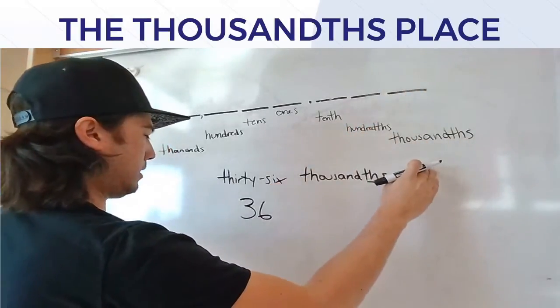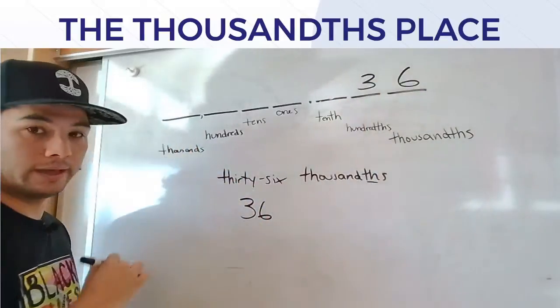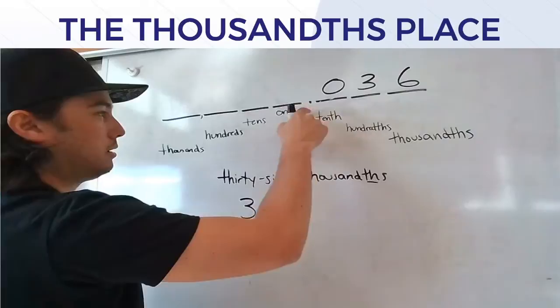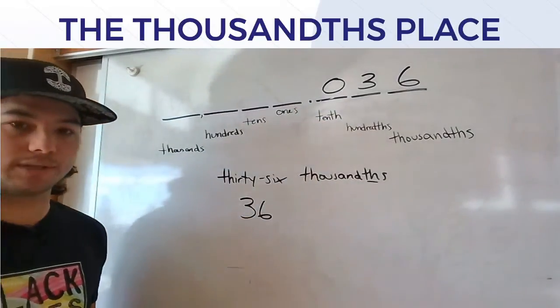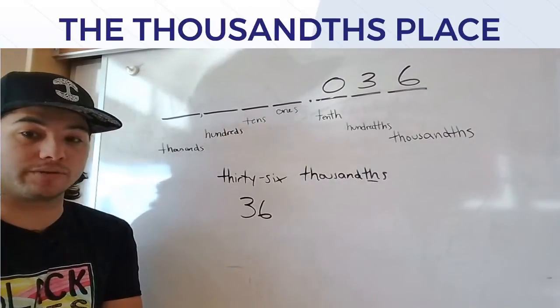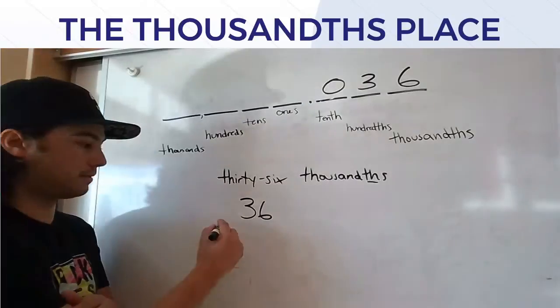So it's ending in the thousandths, so the 6 goes in the thousandths, and the 3 goes next to it, and then, ta-da, we need a 0. We need zeros to get us to the decimal point, so every place is represented. Okay, otherwise we end up with 36 hundredths, which is 10 times as much as 36 thousandths.